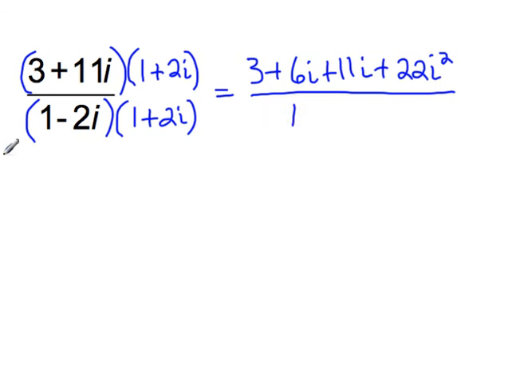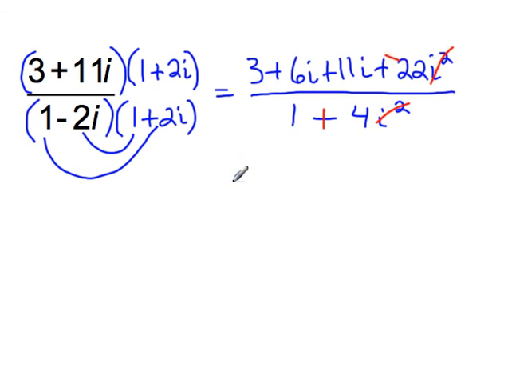And then again, our whole reason for doing this is that the outside and the inside are going to cancel out. And then when I multiply the last two, it's going to be minus 4i squared. And again, to get rid of these i squareds, cross those out, make this a -22, cross that out, make that a +4. If it helps you, you can just go ahead and replace those with -1. You'll see that it just changes the sign.